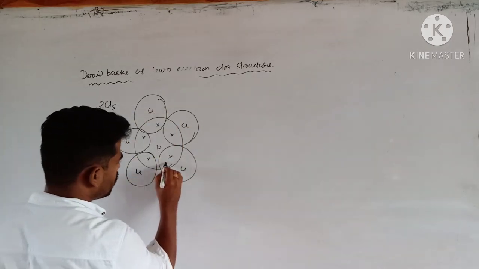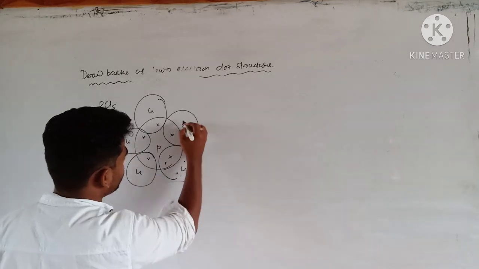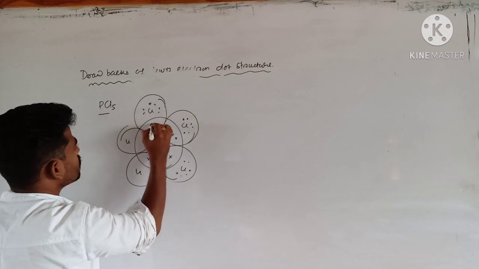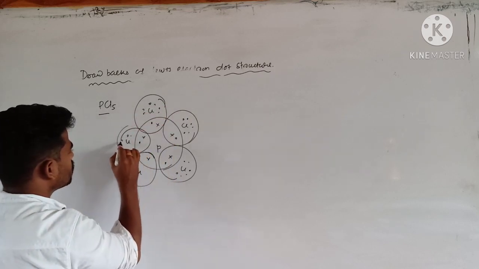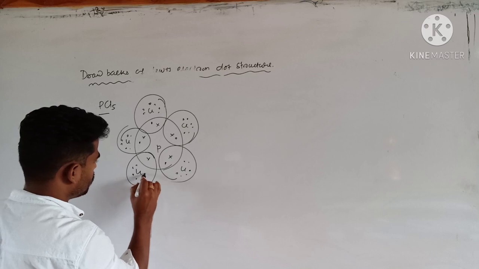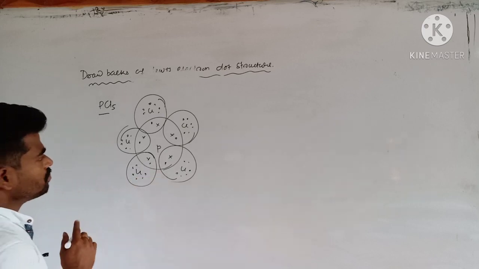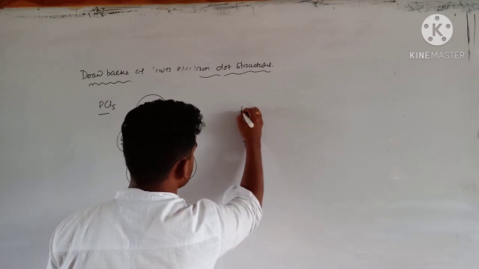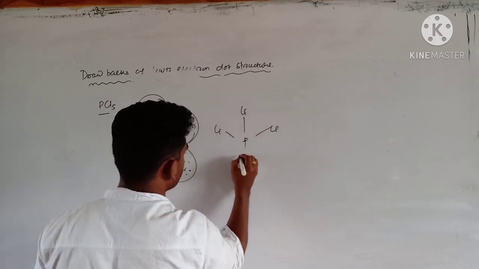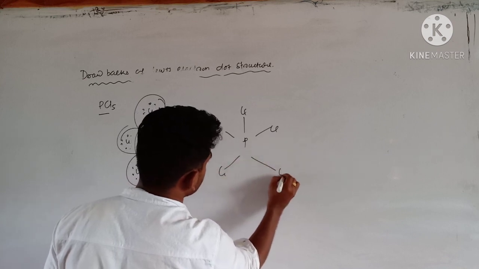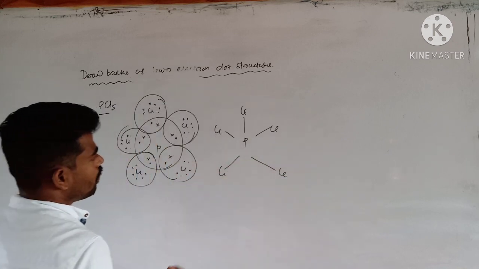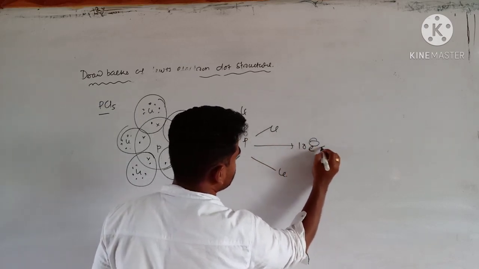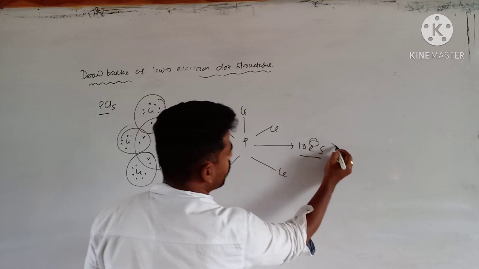If you present their valence electrons, there will be one here, one here, one here. So here you see phosphorus is associated with how many chlorines? Cl, Cl, Cl, Cl, Cl. 5. So it is associated with 10 electrons, that is above octet.